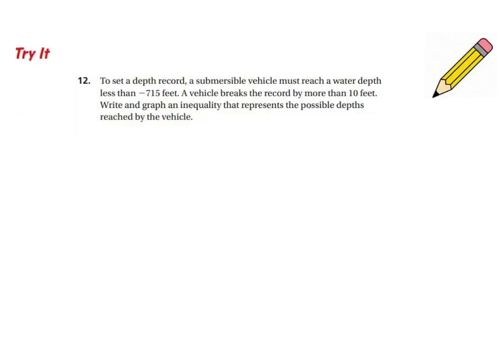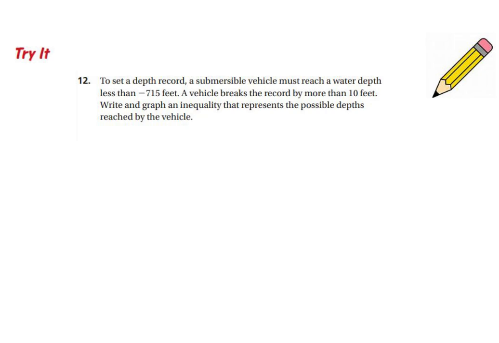Now it's your turn. Please try it. To set a depth record, a submersible vehicle must reach a water depth less than negative 715 feet. A vehicle breaks the record by more than 10 feet. Write and graph an inequality that represents the possible depths reached by the vehicle.